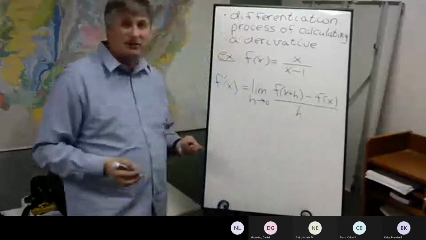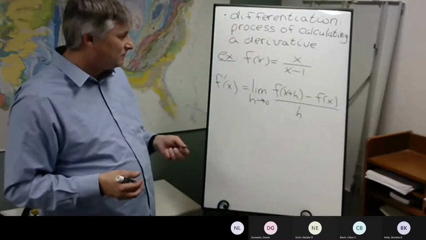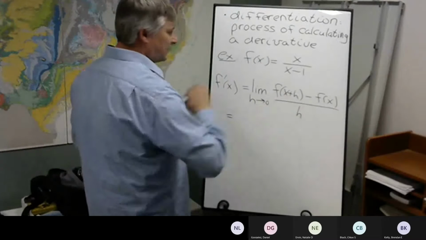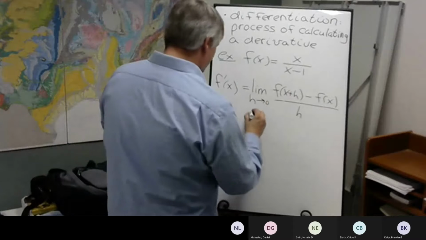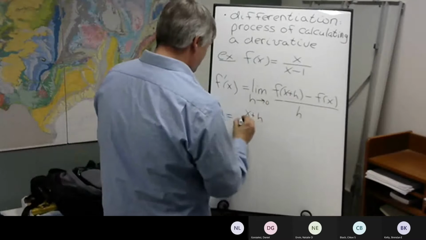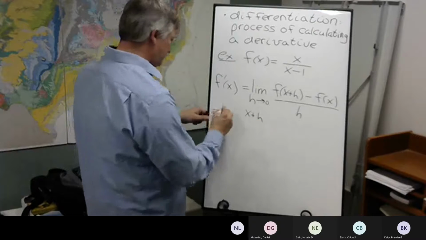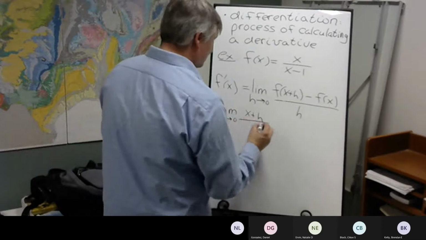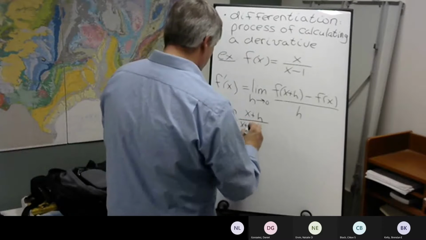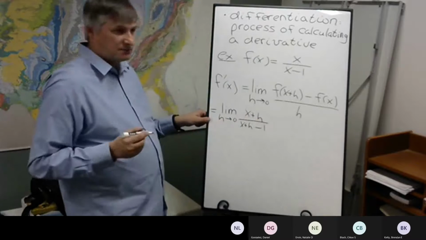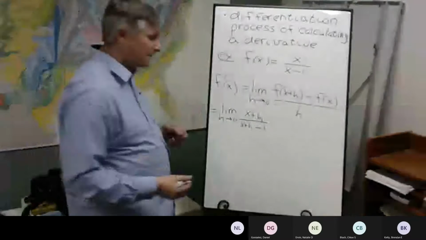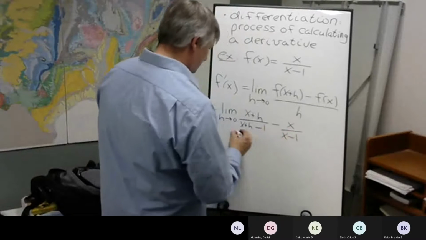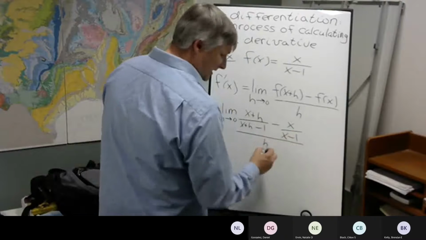Now for this one, we're going to use the standard formula. And we'll use the other one in a little bit. But we're going to replace everything with x plus h here. So there's f of x plus h, minus just f of x, and divided by h.